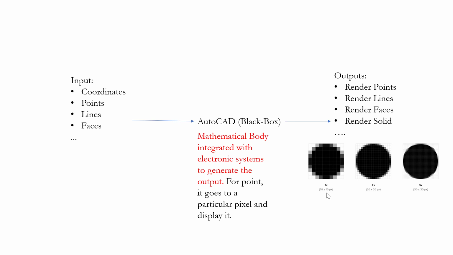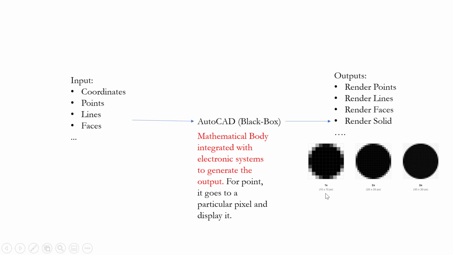Now if you want to sketch a disk, then what exactly happens? All the pixels which lie inside the disk are turned black, and the pixels which lie outside the disk are turned white. So they are turned black and white based on where the pixel is located.